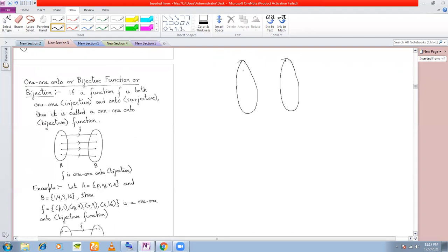It simply means that every element in the set A will have an image.